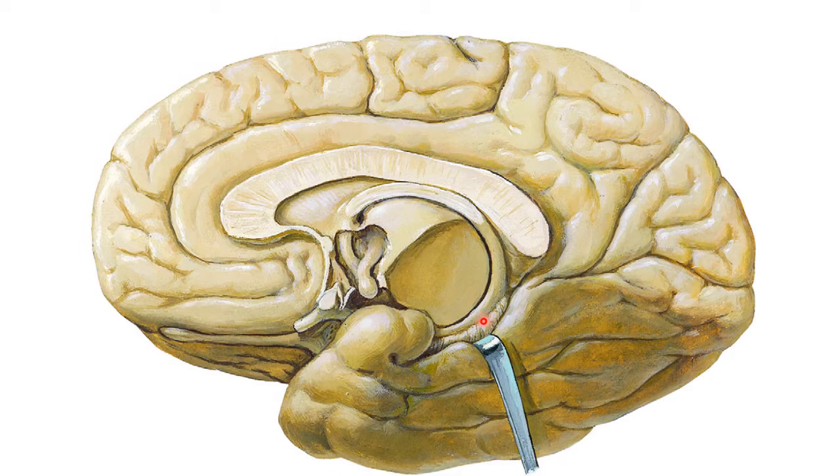In the lower part it grows prominently downwards and forwards, extending into the temporal lobe to form the dentate gyrus and the hippocampus. Let me show you this.